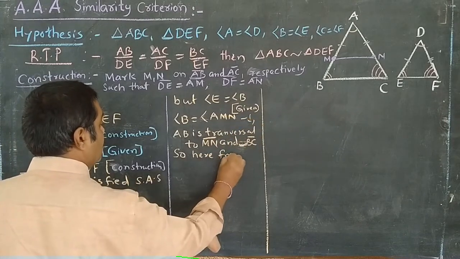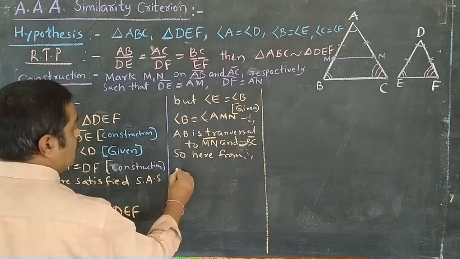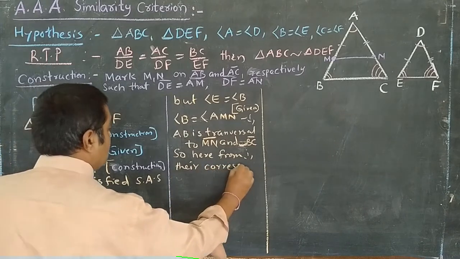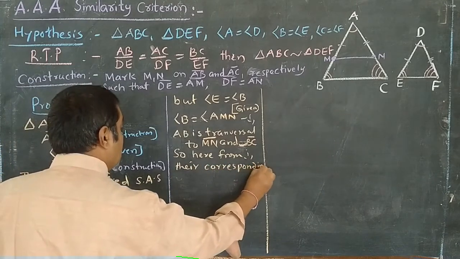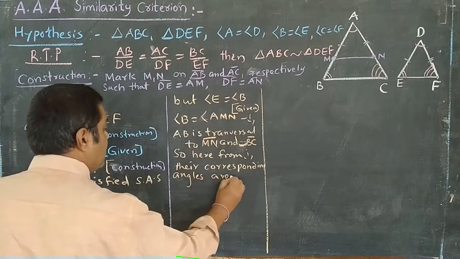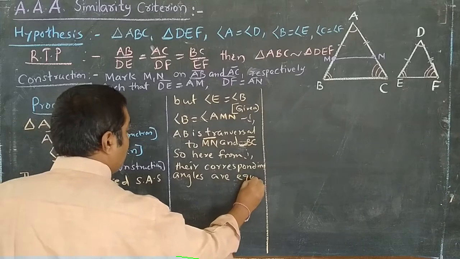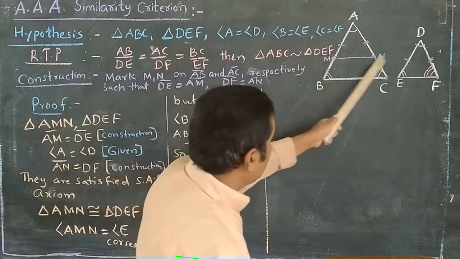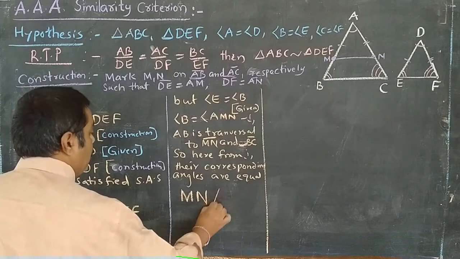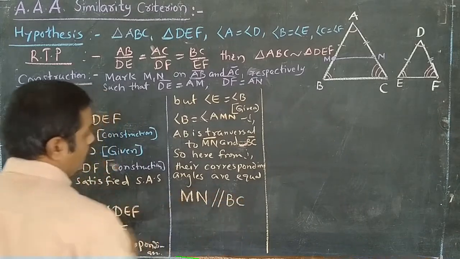From equation 1 we understand that corresponding angles are equal. When the corresponding angles are equal, we have to say these two lines are parallel. MN is parallel to BC.